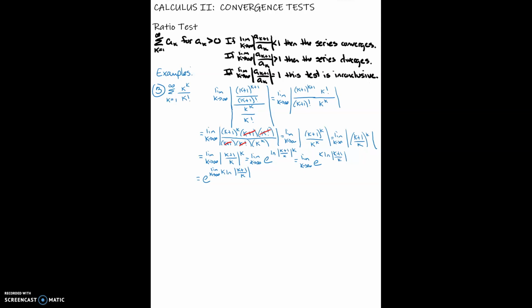All right, so what can I do with this? Well, I'm going to do something that might initially seem a little odd, but it'll make sense here in a bit, I hope. So I have this k as a coefficient. What I'm going to do is write that in the denominator.